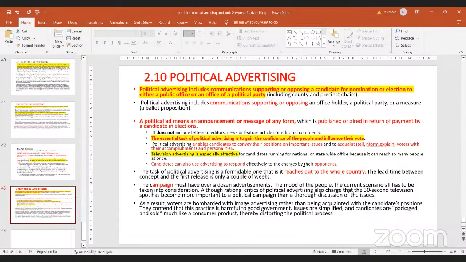Most of the time, they use all kinds of communication channels: social advertising, online advertising, television, radio, print, all those forms of advertising, to convince the audience or the members of society, to create a positive image of the political party or the government which is in power, or to create a positive image about the candidates who are going to contest in the elections or holding different kinds of positions in the government.